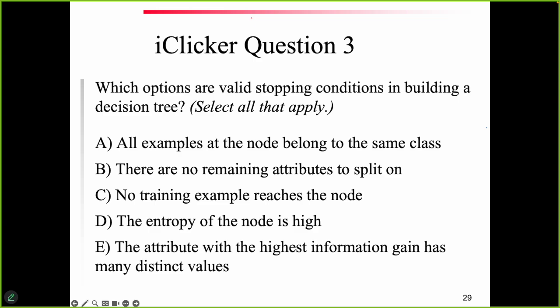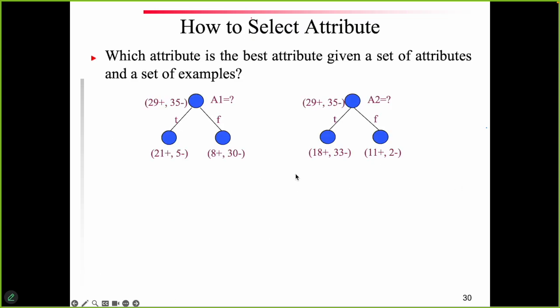And so let's continue now. How to select the attributes? At each node we must choose one attribute. Looking at these 2 trees, both of them start with the same data. On the left, for example, you see 29 positive, 35 negative. That is, 29 belong to class yes, 35 belong to class no. Same thing here.